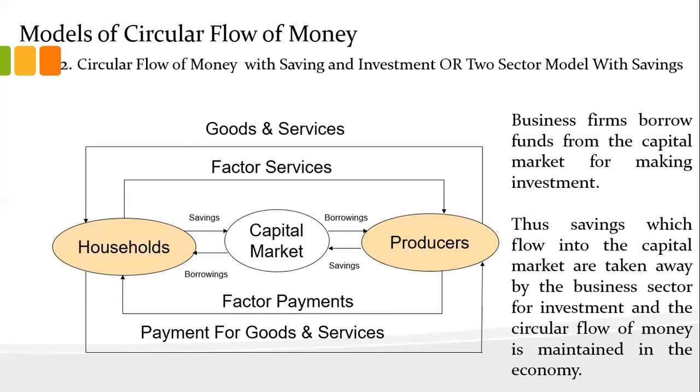In return, they will earn some interest, and part of that interest will be given to you also, because you have done your savings. This is how money circulates between the household sector and producer sector through the capital market.